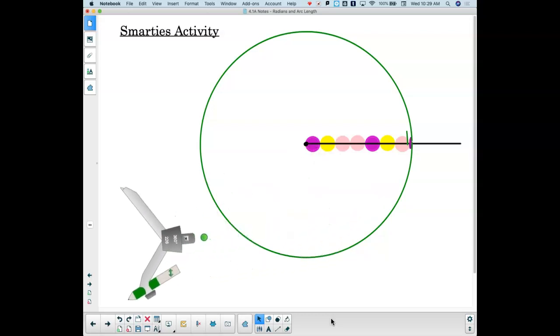What I would like you to do now is start with one Smartie on the circle at the line, and then go in groups of 7 Smarties. It doesn't matter which way you go.